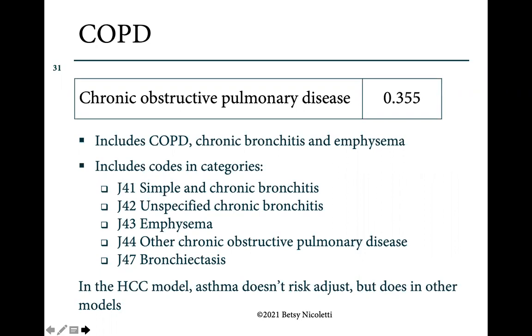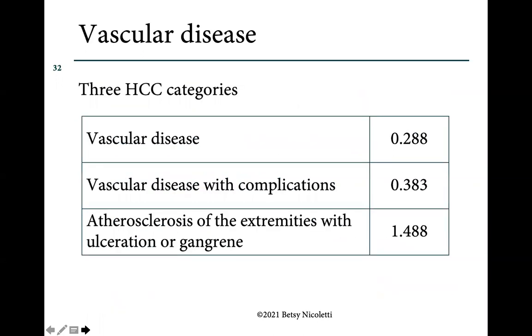The codes on the screen, the COPD, chronic bronchitis, and emphysema risk adjust. In the HCC model, asthma doesn't, but it does in some other models. So I would be documenting asthma as specifically as you can for this, using the severity of the asthma for those patients that you're seeing.